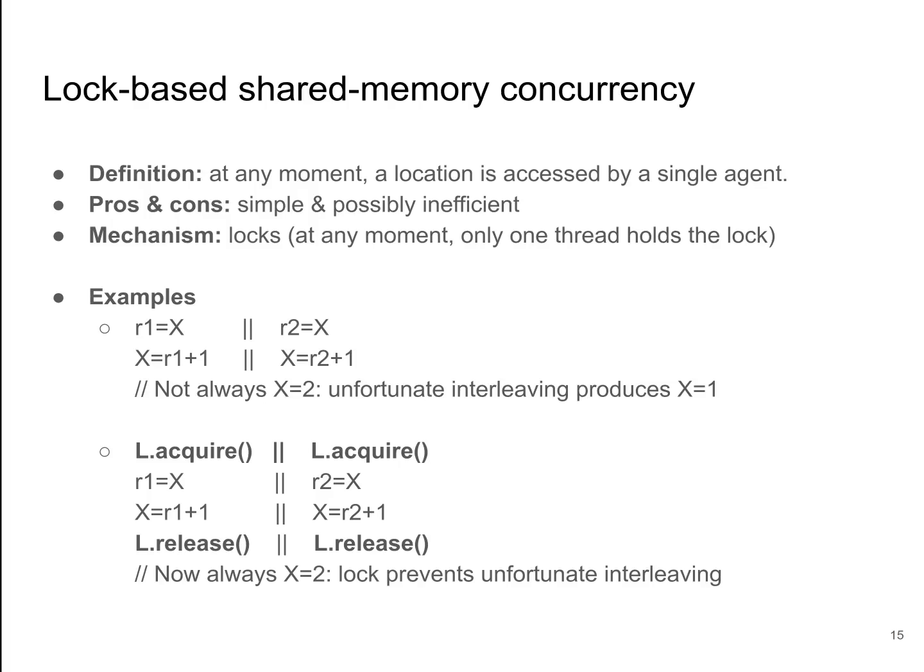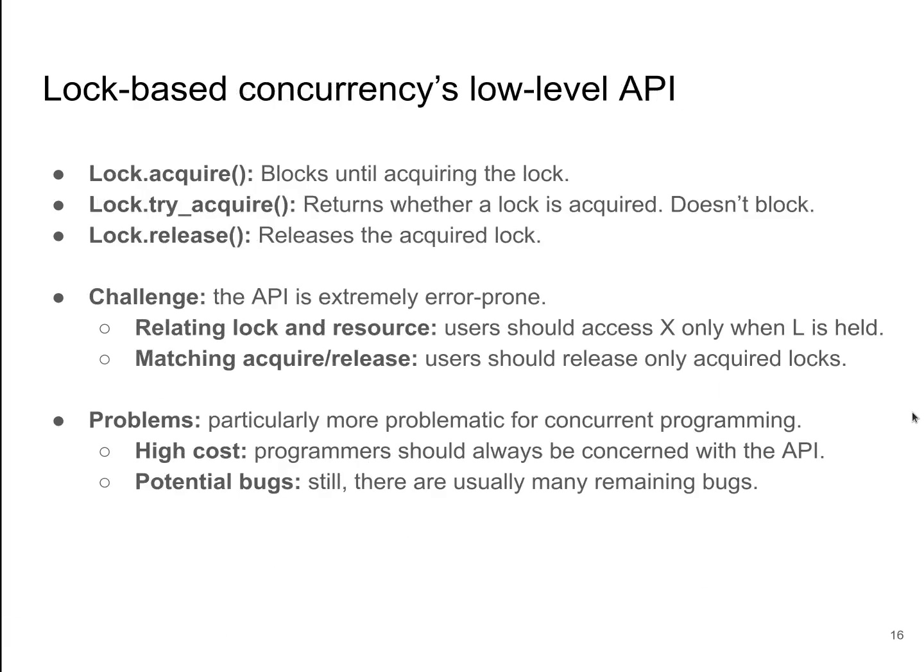But there is no explicit marking of the relationship between L and X. As a result, it may be the case that we are acquiring a wrong lock that is not meant to be protecting the X, or we may use different resources that are not intended to be protected by this lock L. If that happens, all the invariants are broken, and this unfortunate result may pop up, even though you use locks.